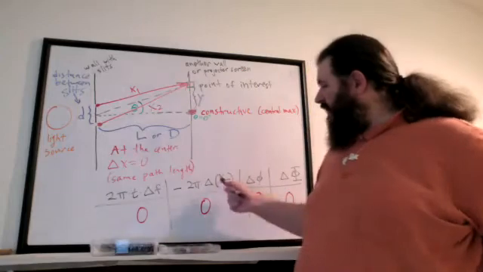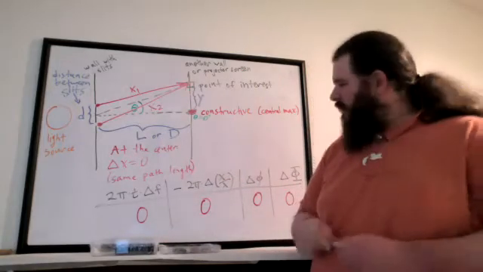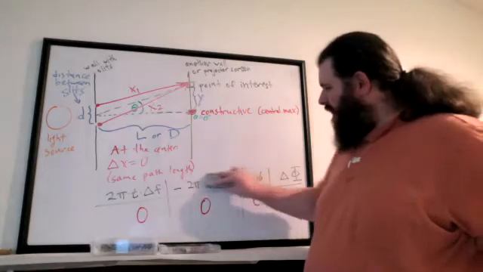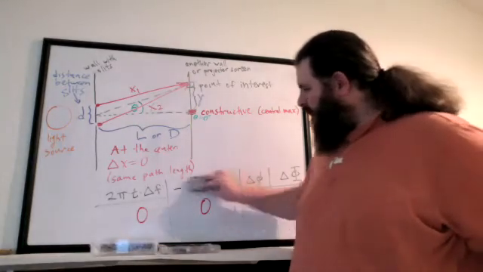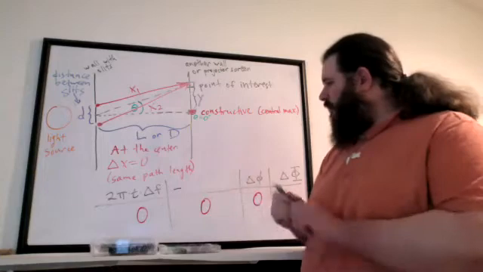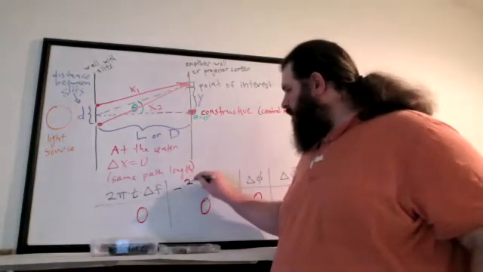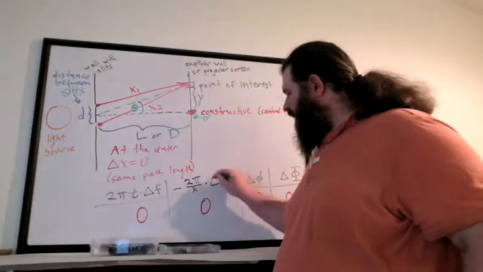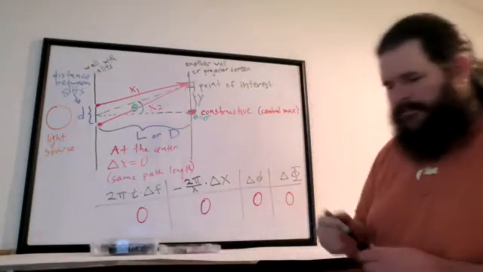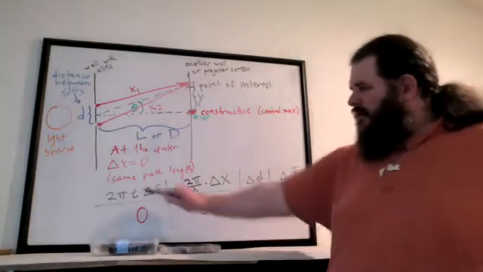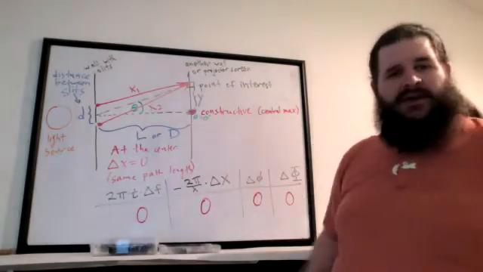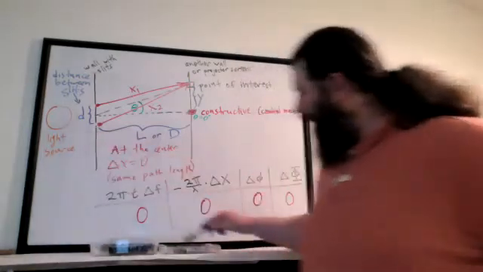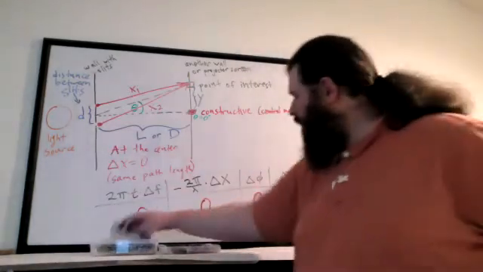So we now have a delta x. There's still no difference in lambda though, so we can factor lambda out of the delta here. We could write this as 2 pi over lambda times delta x, the difference in path length. We still have no difference in time because they arrive at the location at the same time. We still have no difference in frequency because they come from the same source, so this is still 0.